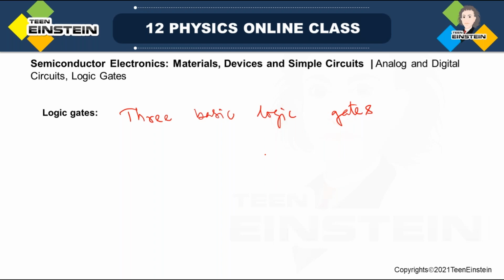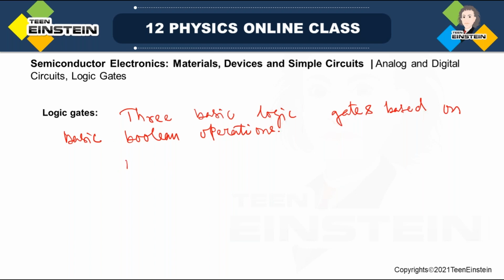We have learned already what the basic operations are. That means 3 basic gates are there.